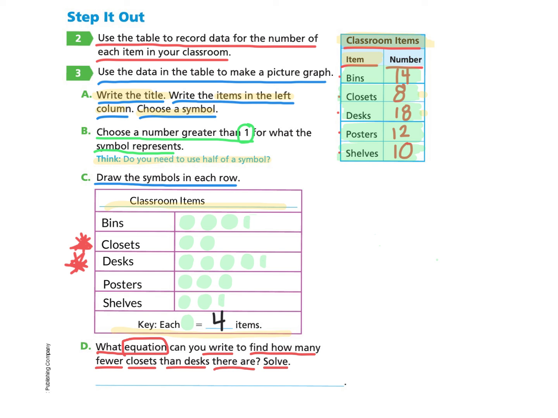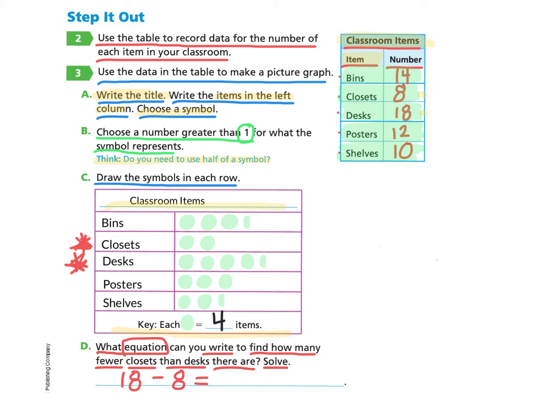So we're trying to find out how many fewer closets than desks we have. So desks is the bigger number here, so we're going to write 18 for the desks. And then we're going to take away the amount of closets. And what was that number of closets again? That's right, it's 8.